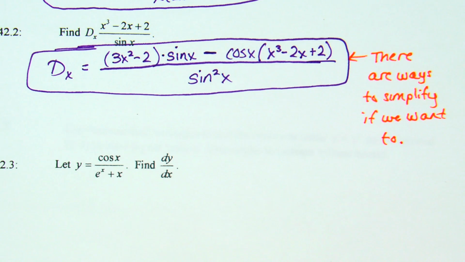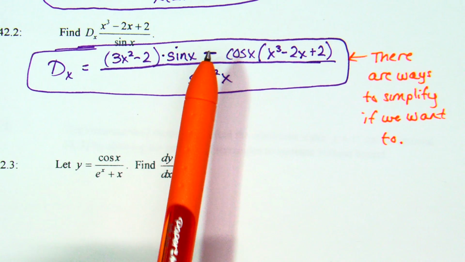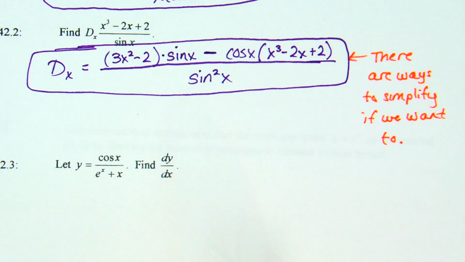One thing I will comment about, sometimes the book will split this into two fractions. Do you know what I mean here? Where sine squared goes with the first numerator, minus, and sine squared goes with the second numerator. The advantage of that sometimes is that, for instance, the sine can cancel here. Other than that, it doesn't make it a whole lot nicer. So it's still a pretty messy thing.